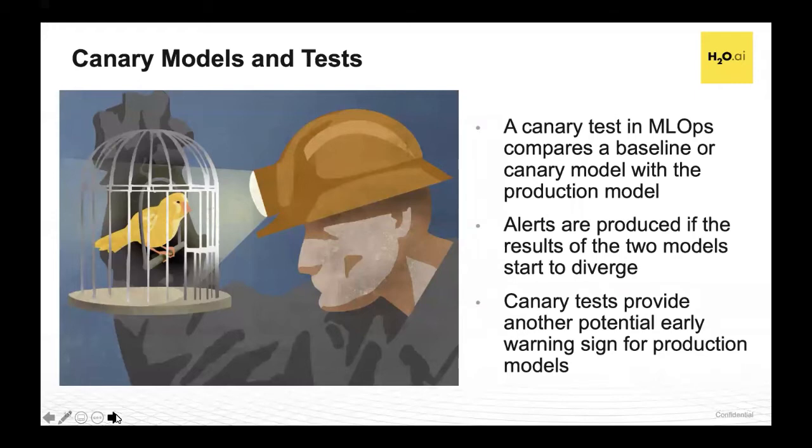And while I don't really understand what's going on behind the scenes here, and I don't need to, if my production model starts to behave very differently from my canary model, then I can assume that something might be going wrong with my production model. And I can then look at my production model and try and figure out what's going on.